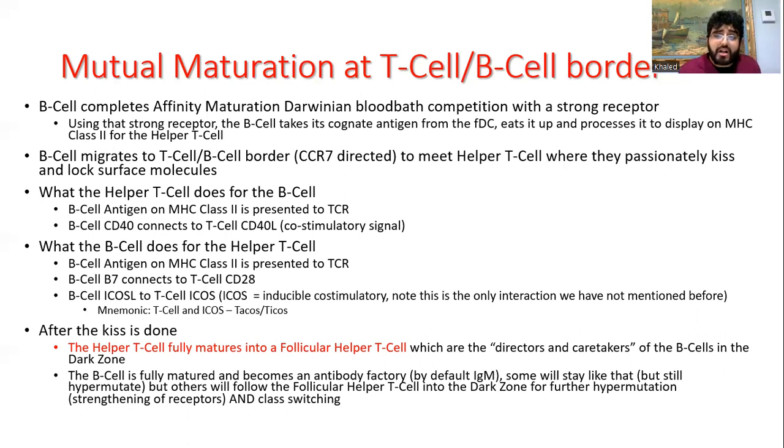And that's going to bind ICOS ligand, right? So ICOS ligand is on the B cell, and ICOS is on the taco, the T cell. This is a co-stimulatory marker needed for maturation of the CD4 cell into specifically a follicular helper T cell. That's part of the signal needed.